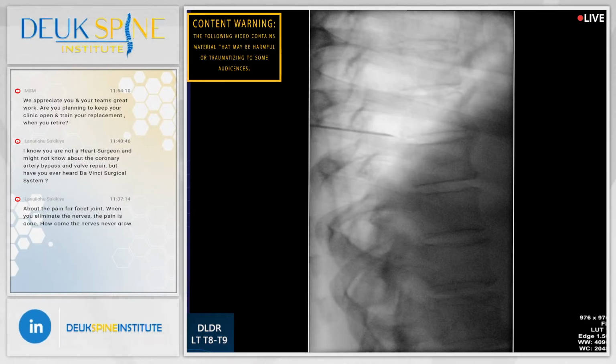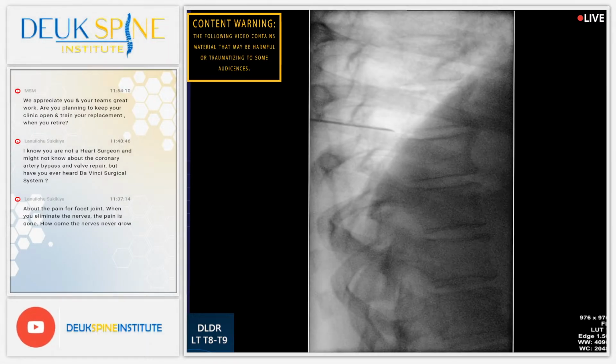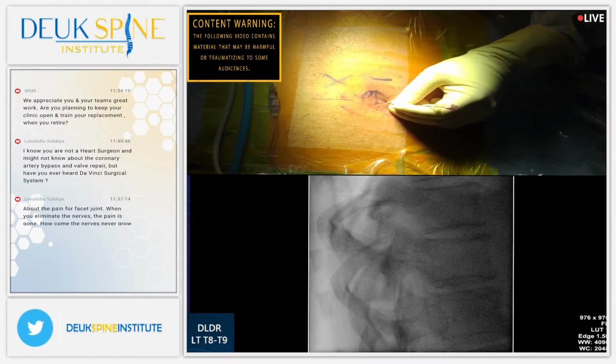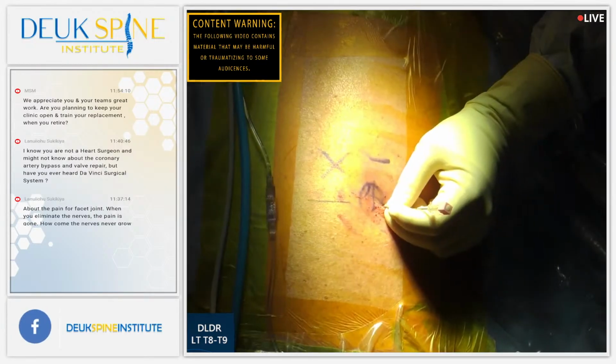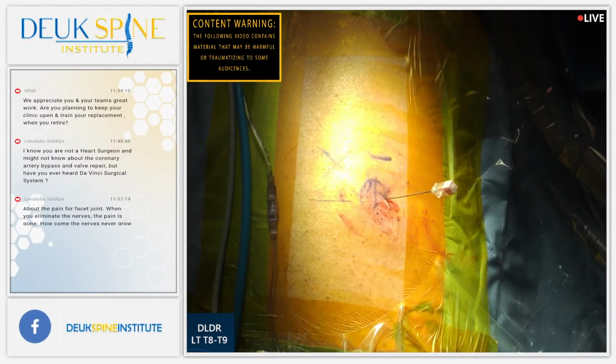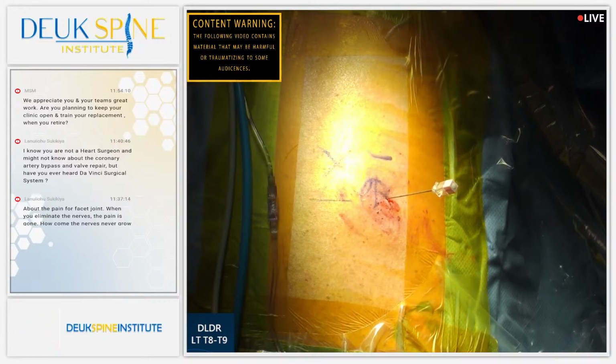I just cannot get any more medial. Nope, it's not budging. Alright. No space in there. I think you're off on wag a little bit.